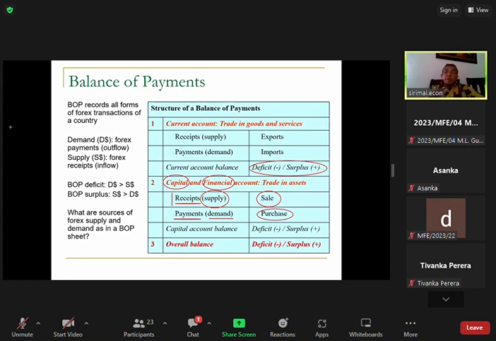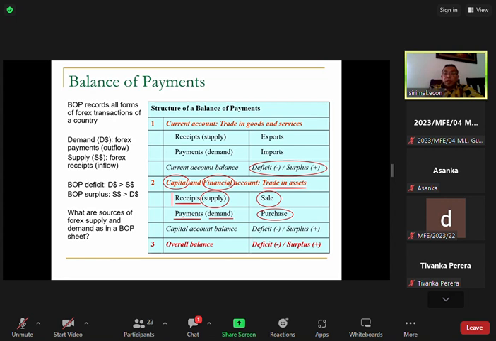Now, these are asset transactions. You can see trade in assets. One difference is that you keep the assets for a period of time and then you return them.